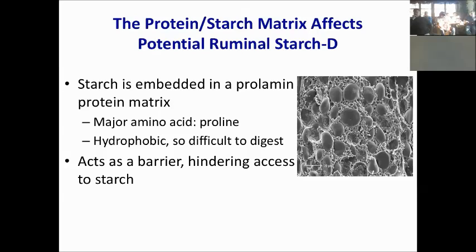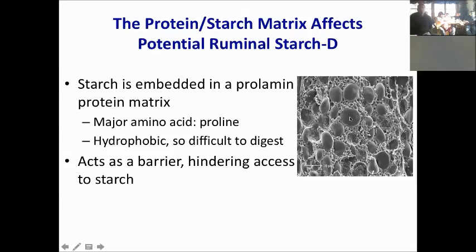And these prolamin proteins are actually very hydrophobic, which means they don't like water, so they tend to repel water away. And when they repel water away, it makes it more difficult for rumen bacteria and enzymes to go in and attach to this granule to digest it. Because you have to remember that rumen bacteria don't have little mouths to eat these big globules.